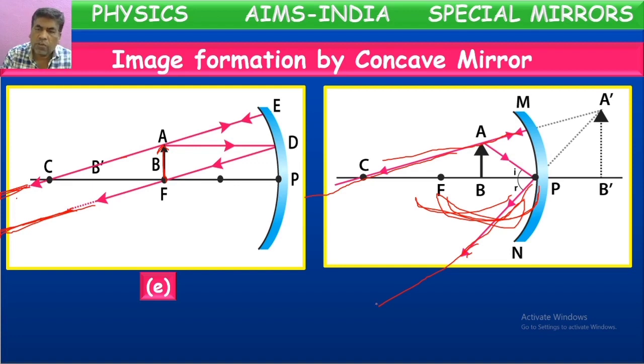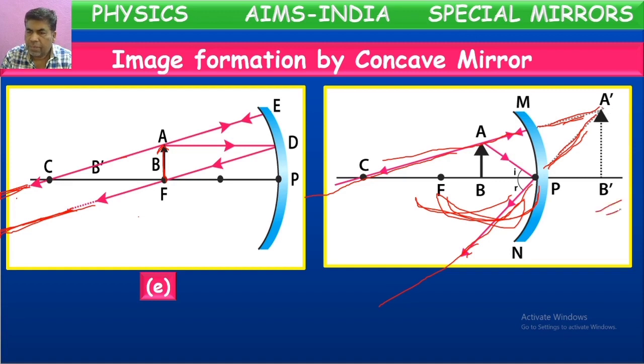So we have to assume that they are extended towards the right side, because on this side they are not intersecting. On this side there is a possibility. For parallel rays there is no possibility because they never intersect. So that's why we have not done like this in the fifth case. But here we can extend them forward. They will meet at a point.